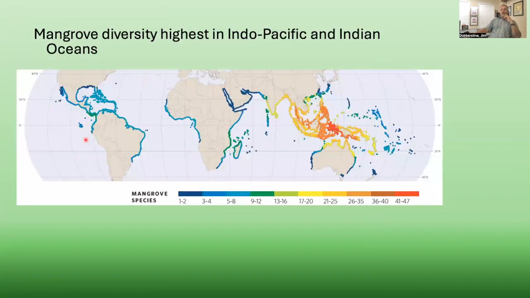When you look at diversity globally, the highest diversity of species actually occurs over in the Indo-Pacific and Indian Oceans. This is an area that is the sweet spot for these plants. So they are very well developed to tolerate the conditions there. And so you have a lot of different species all in these areas, as many as 40 in some locations.